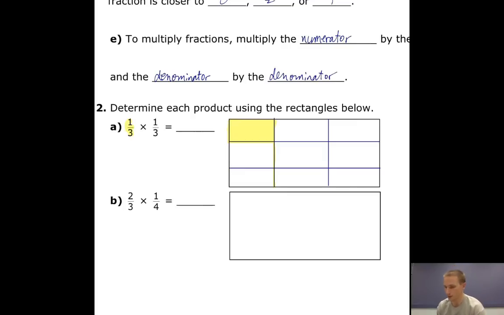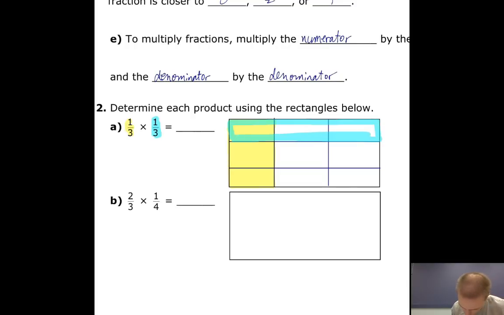All right. Now we are going to show the other 1/3 here by shading horizontally, 1 out of 3 of the rows here.